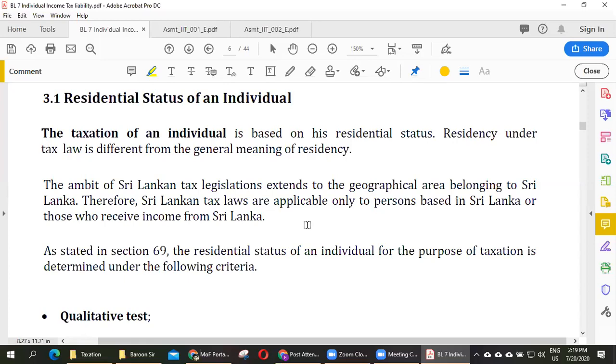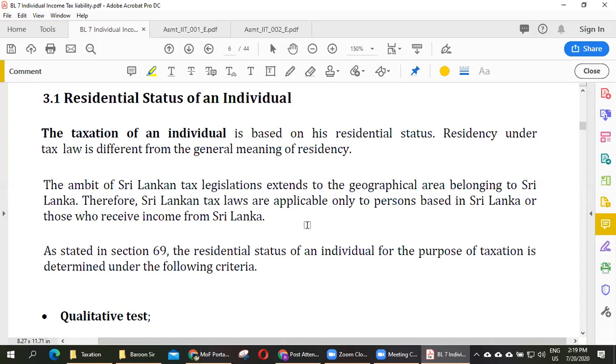Apart from tax, normally we say a resident of Sri Lanka means what? A Sri Lankan citizen, no? The resident, normally. Non-resident, normally we call whom? Foreigners, isn't it? Normally we say a Sri Lankan is a resident, a non-Sri Lankan is a non-resident.